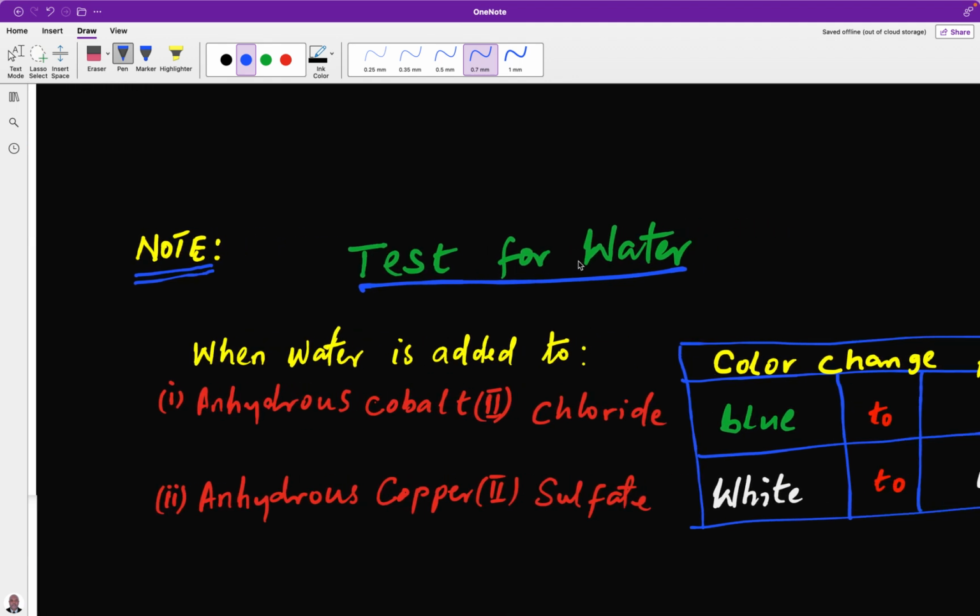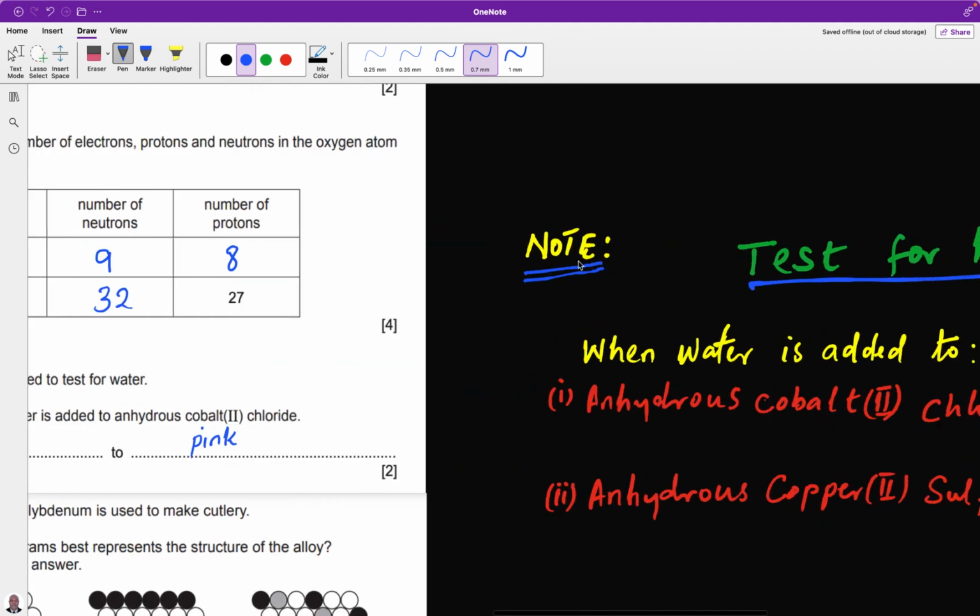Since we have been asked to describe a test, it is not specific whether anhydrous cobalt 2 chloride or anhydrous copper 2 sulfate. So you can use either one. Now we have chosen to use anhydrous copper 2 sulfate, which is white to blue.